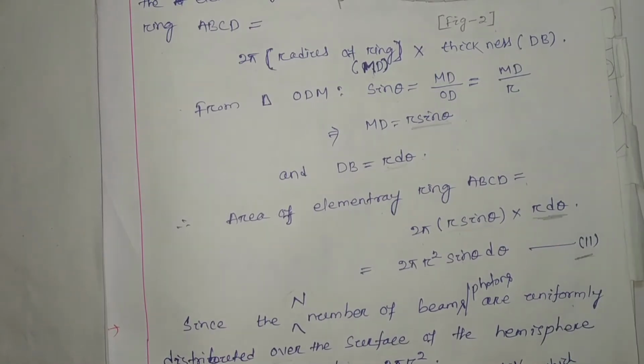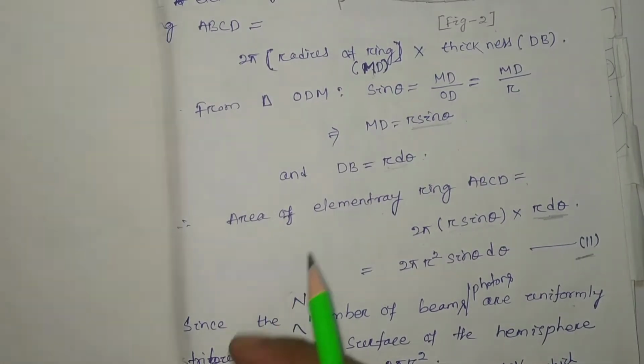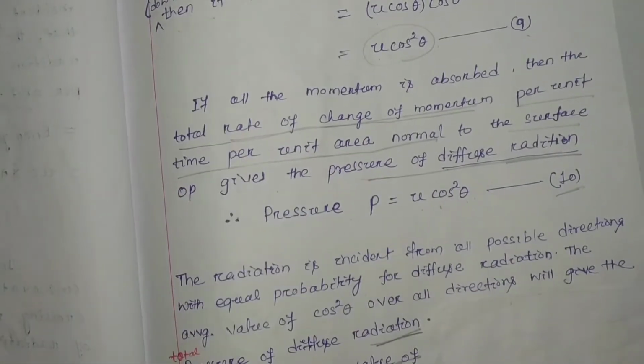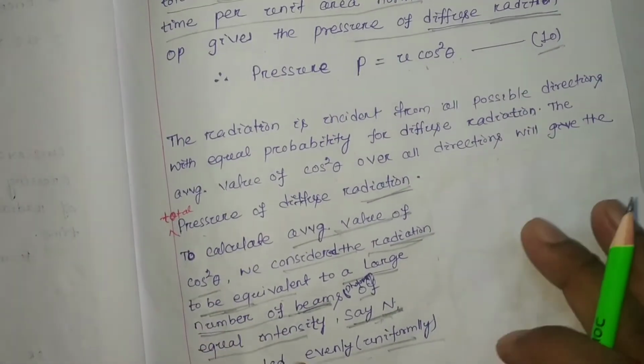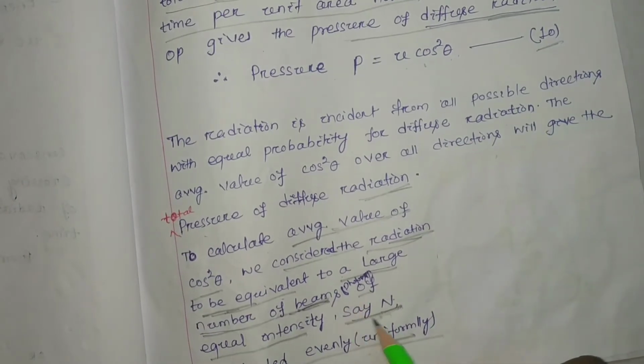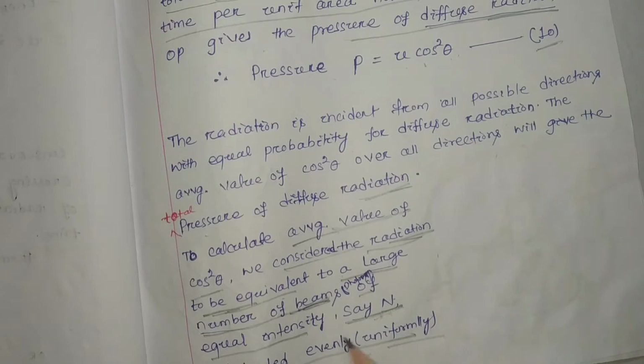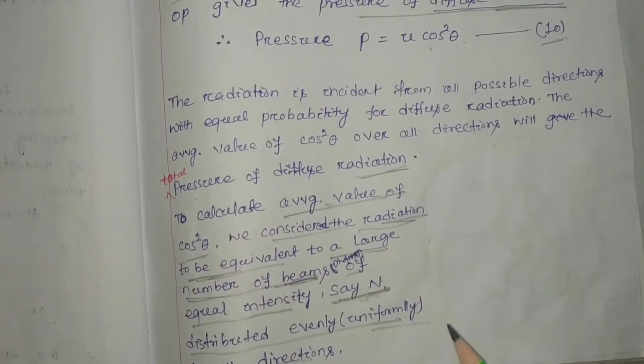Now initially we considered that N number of beams or photons are evenly or uniformly distributed in all the directions.